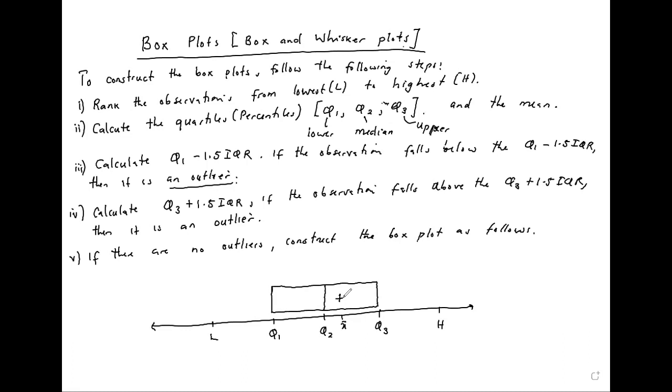Then you draw a line to the highest value and another line to the lowest observation. That is what you call a box plot.